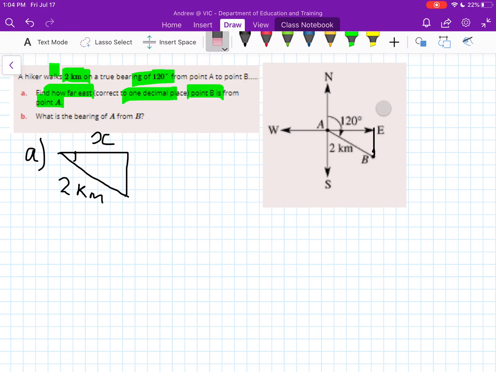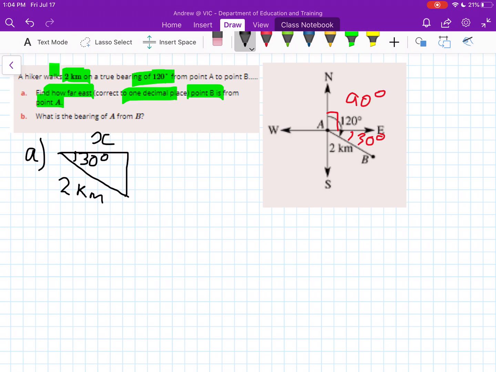So I'll just get rid of this here. We work this out because from north to east is a right angle, so that there's 90 degrees. So if it's 120 true, this means that has to be 30 degrees. Okay? So this means that our angle in here is 30 degrees. Now we can actually work this out.